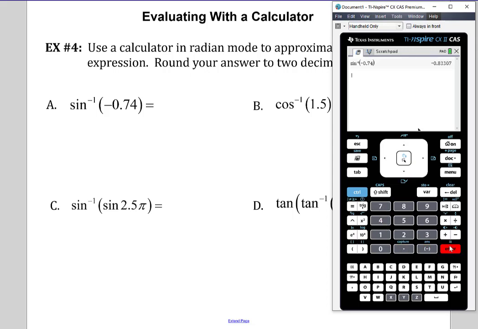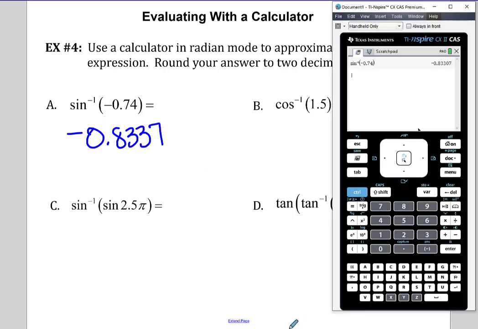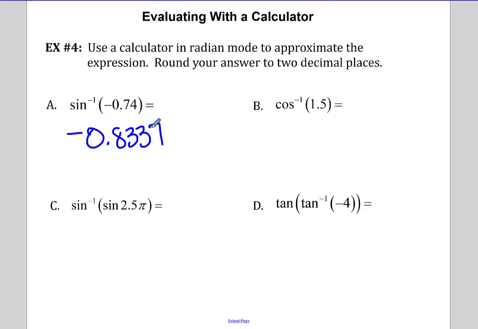So that would happen at negative 0.83307 radians. Now this one ought to be a little suspect.